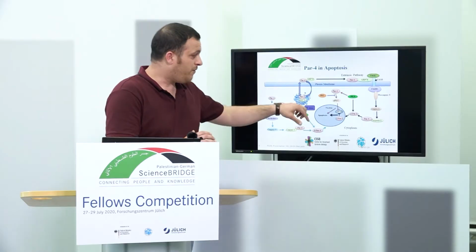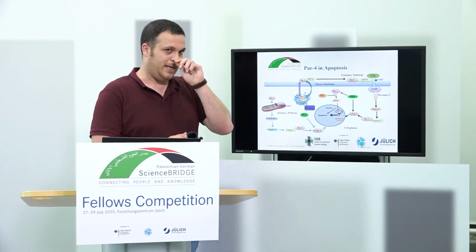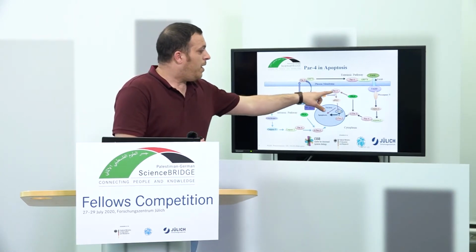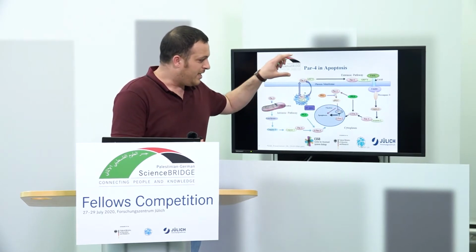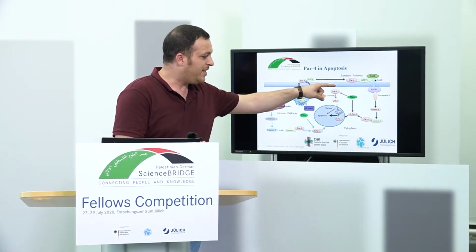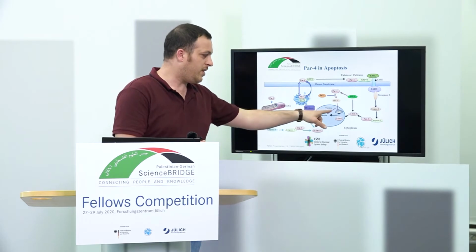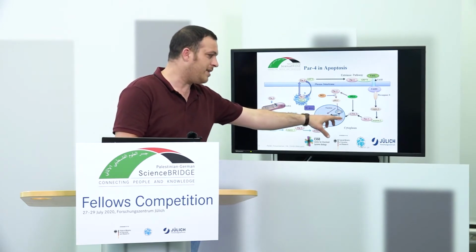So the cancer cell will survive. When Par-4 is active, it will inhibit atypical protein kinase C, and once it inhibits this enzyme, there is no activation of nuclear factor kappa B, and the cell would go for apoptosis.